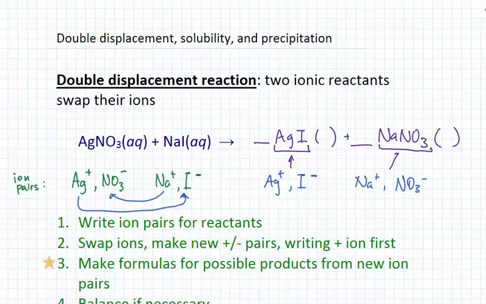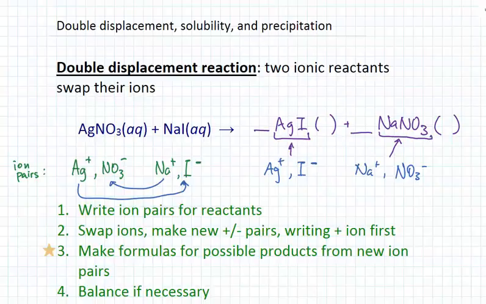But NaNO3 was the new compound formed from that ion pair there. Okay. So then we would balance if necessary. Is it necessary in this one? 1 silver, 1 silver, 1 nitrate, 1 nitrate, 1 sodium, 1 iodide, balanced. Okay. That one's already balanced.